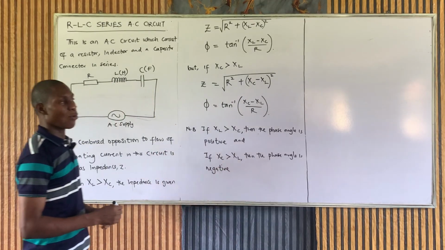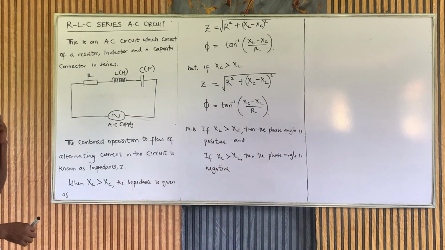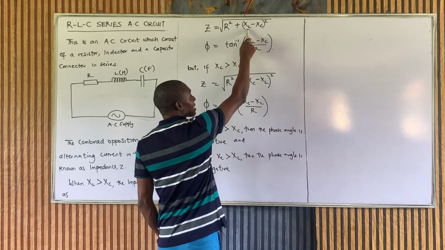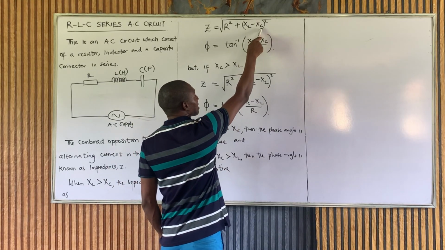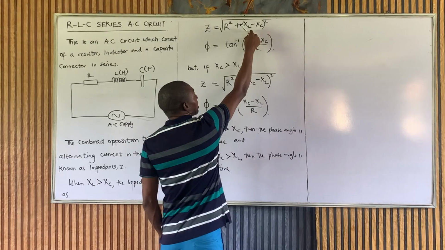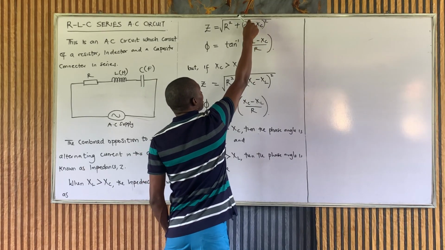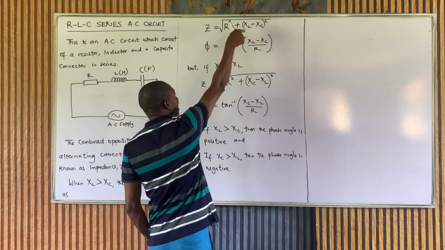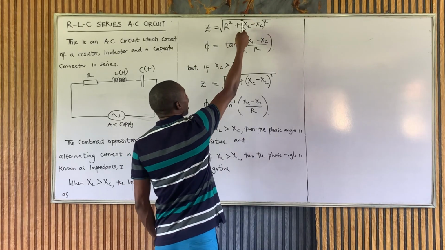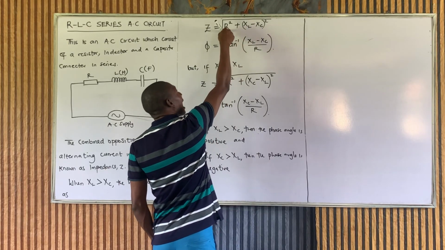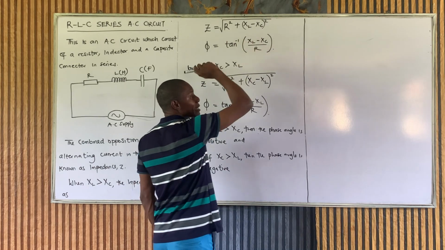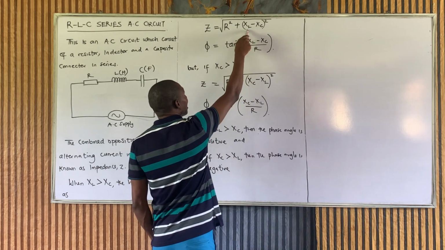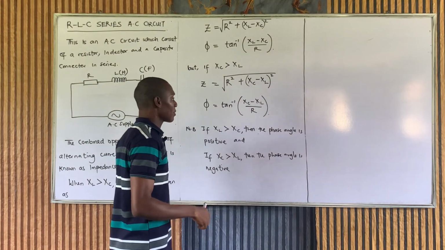It's actually easy to ascertain this. If our XL is greater than XC, by the time we subtract, the remaining value will be the amount by which XL is greater than XC. And so it should now look like an XL-R series AC circuit, because XL was greater than XC. And we know that the phase angle should be positive in an XL-R series AC circuit.